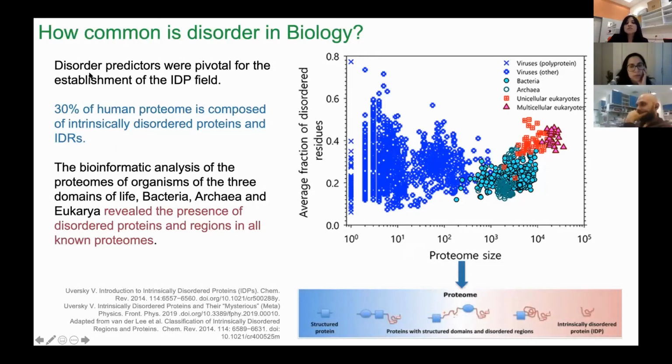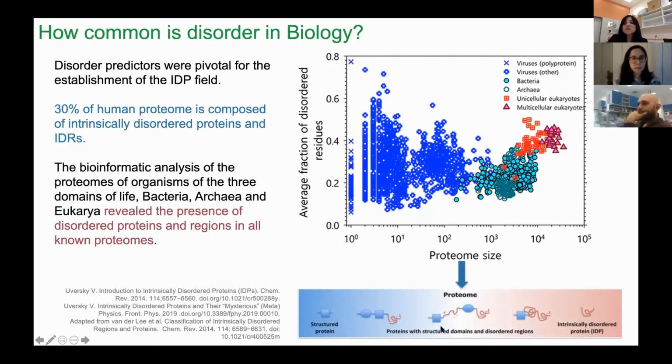So bioinformatics was pivotal to the establishment of this field, and now we know that the proteome of all living beings and non-living ones, like viruses, is composed of structured proteins, or globular proteins, or ordered proteins, and also of intrinsically disordered proteins.